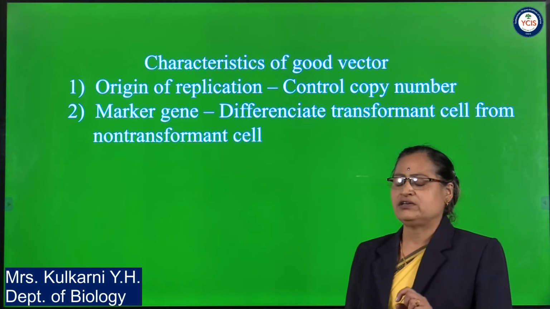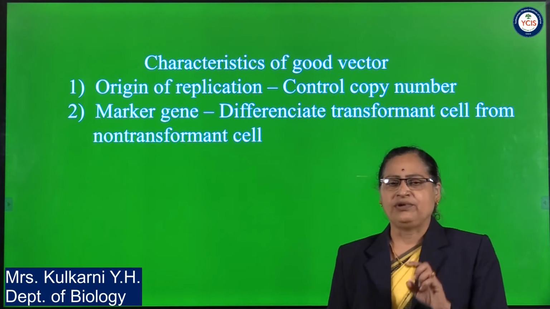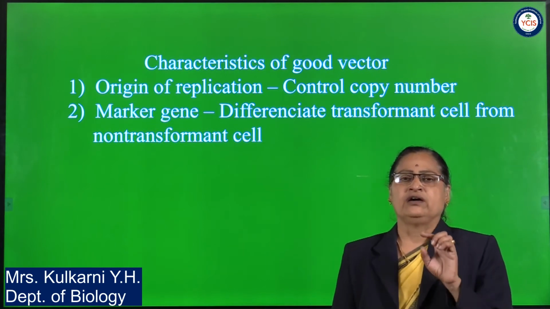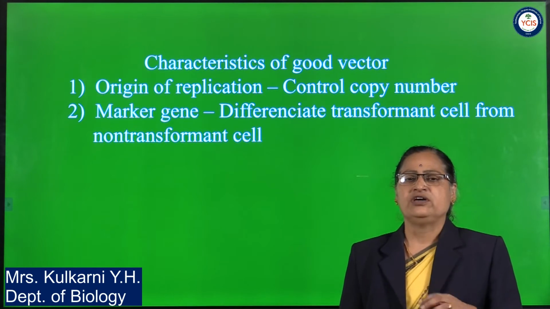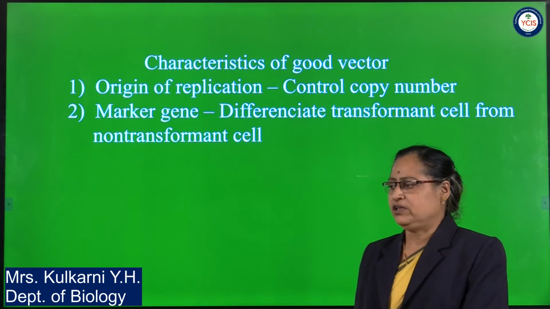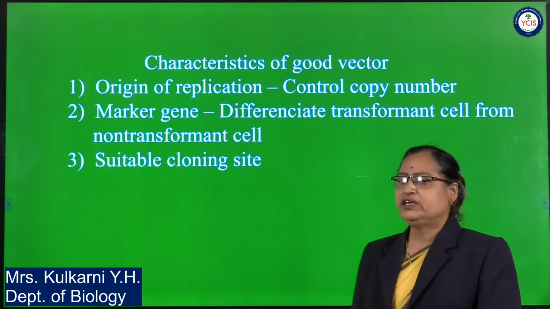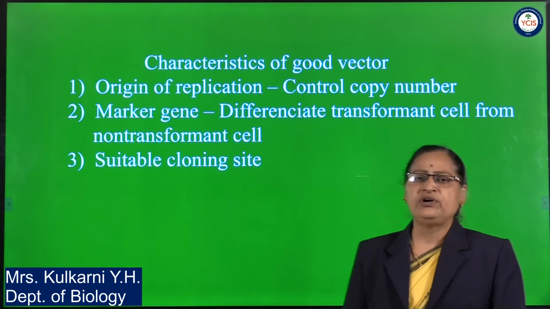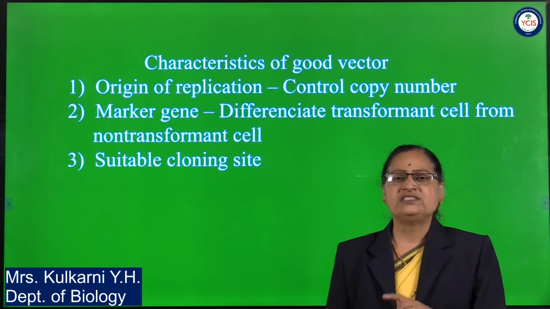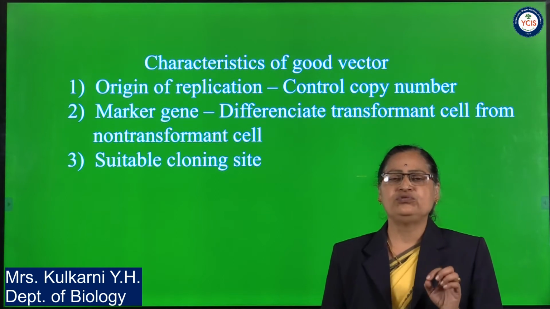What is this transformant cell? When the plasmid attaches foreign DNA, then it is recombinant DNA. We have to study this in the next point. Then third, the suitable cloning site, means the plasmid has a site called the cloning site.